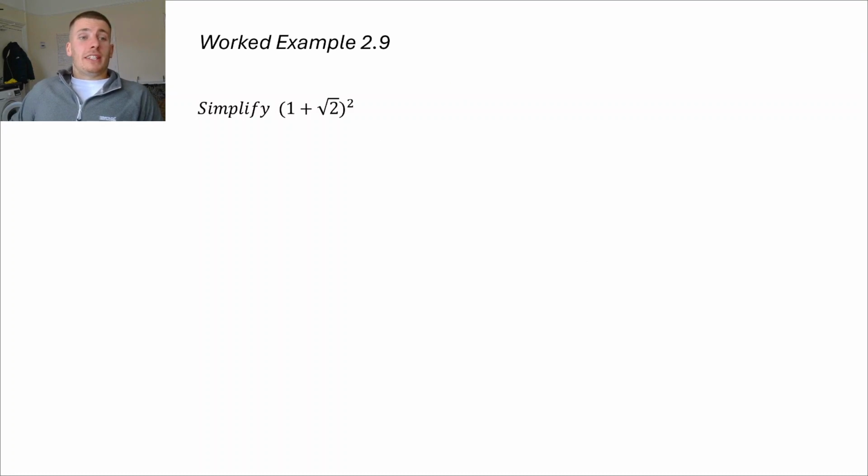Okay, example number 2.9. If you've looked at my videos on expanding brackets, this will be a piece of cake for you, hopefully. It says expand and simplify 1 plus root 2, all squared.